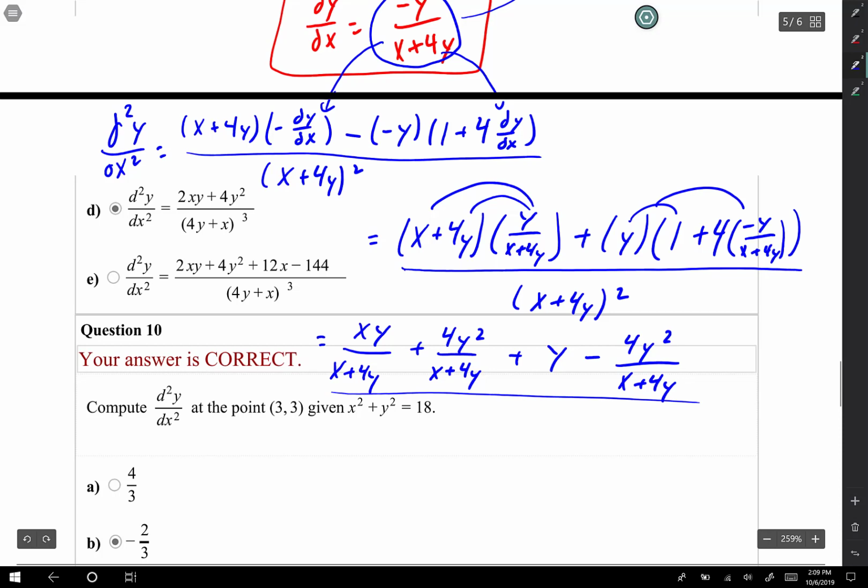And all this is still over (x plus 4y) squared. So notice that all of them have an x plus 4y except for the y here.